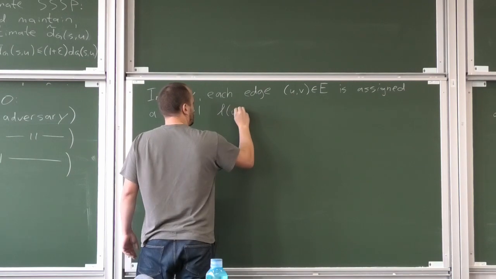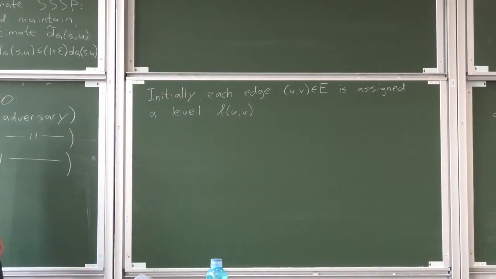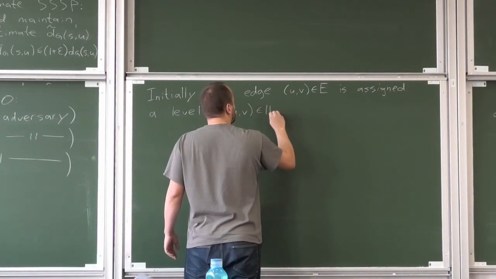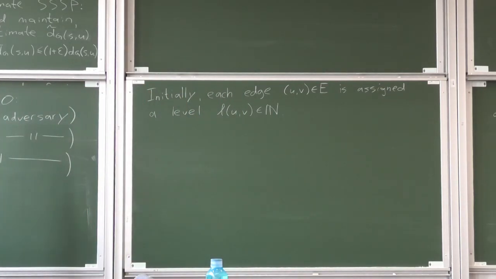But let's call it L of U, V. And this level here is a natural number. It's a bit similar to the first lecture on dynamic connectivity.